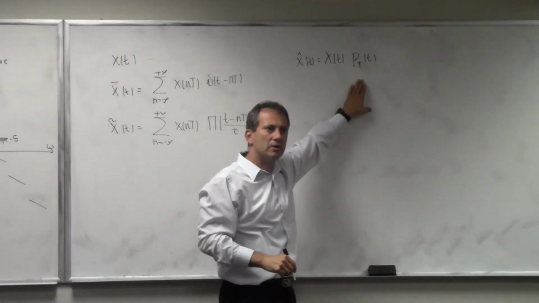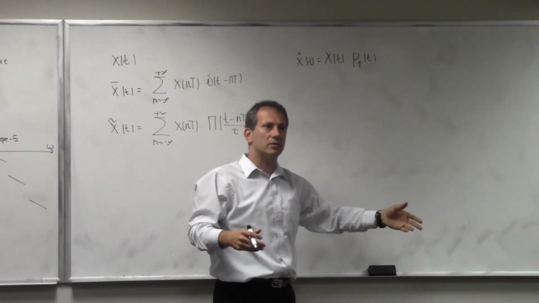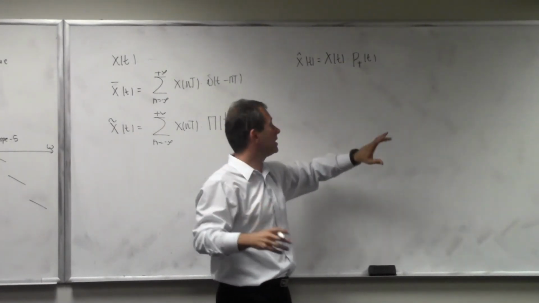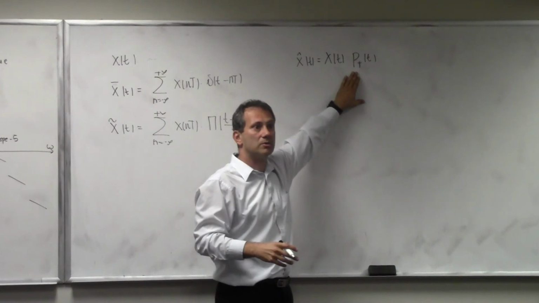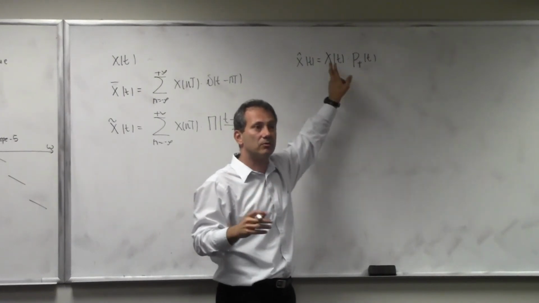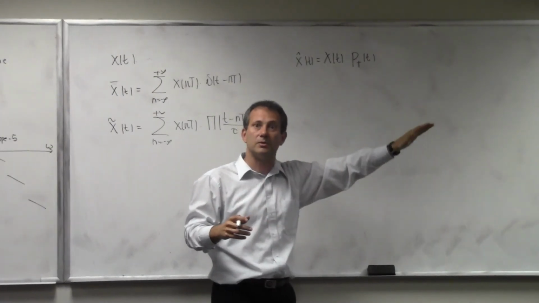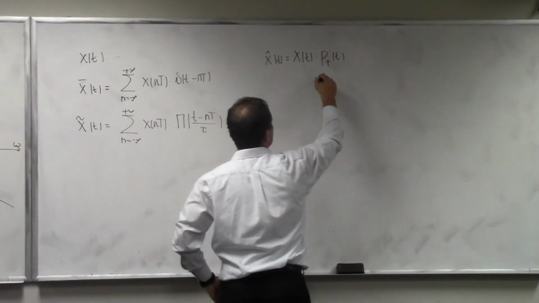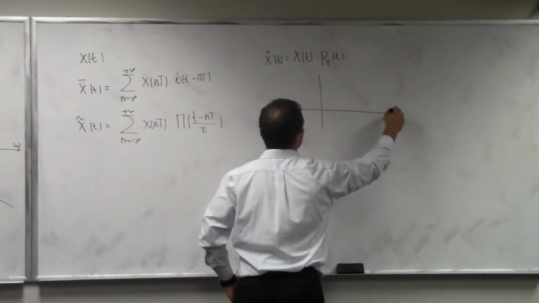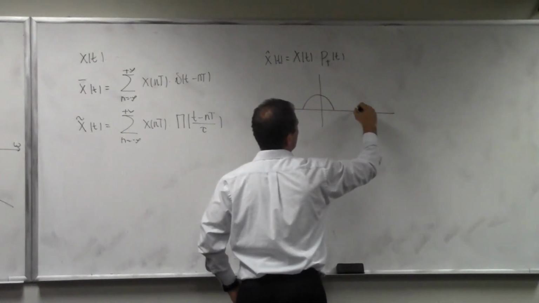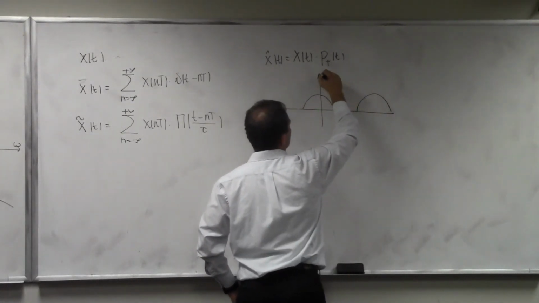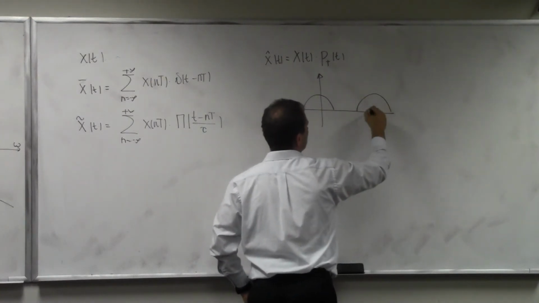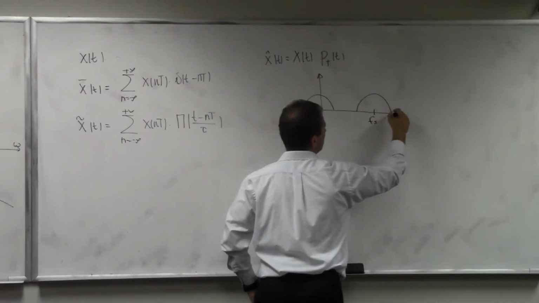Well, this is a periodic signal. It has a Fourier decomposition. We put on the Fourier glasses. This is nothing but a whole bunch of sinusoids that are shifting the spectrum of the signal to the integer multiples of the harmonics. We saw that as a result of this kind of sampling, this is what happens. In ideal sampling, you have the periodic repetition of the signal around the sampling frequency.